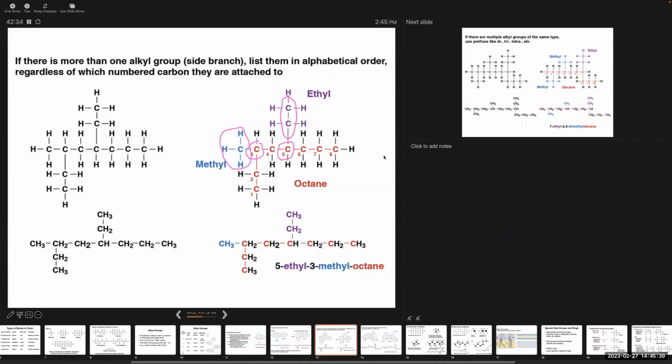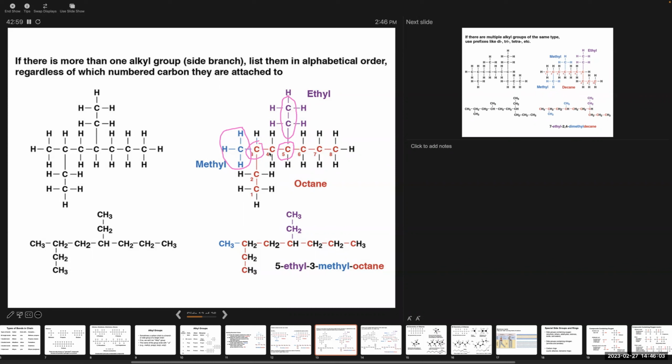Now here's something that I find a little weird about the IUPAC naming system. I don't quite understand why they have this rule, but it's a rule. If you have a bunch of side chains, you list them in alphabetical order, not numerical order. My temptation would be to start naming the side groups according to which carbon they're on the main chain.